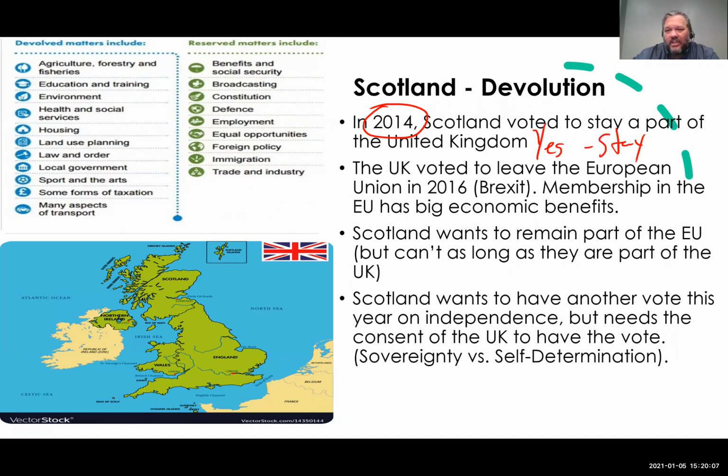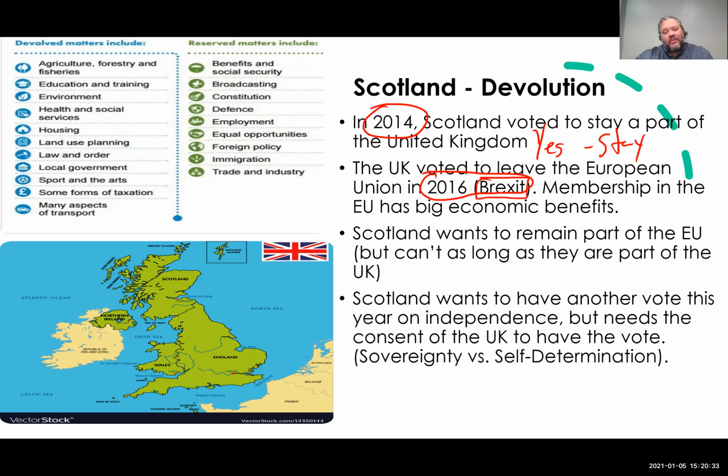All right. And so a couple things happened, and we'll get over to this devolution stuff in just a second. A couple things happened in 2016. There was a vote to leave the European Union, which does good monetary things for countries, and that vote's called Brexit, if you've ever heard that term before. And that just was finalized over Christmas break, actually.